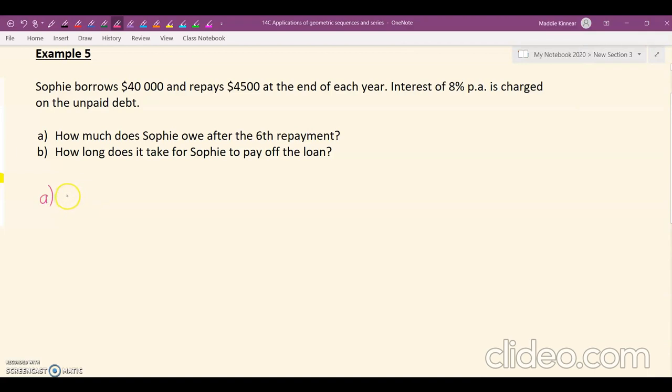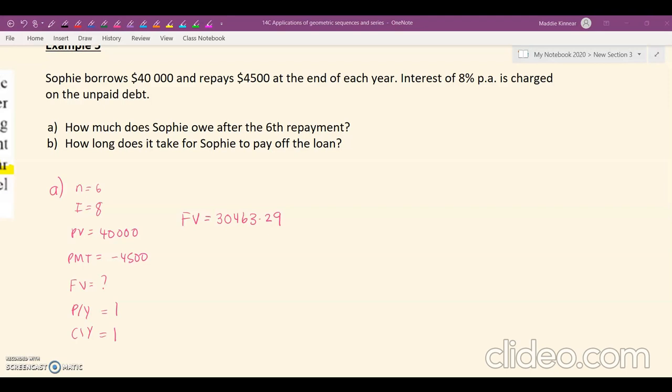So you would have your N equaling 6, I equaling 8, present value equaling positive 40,000, payments, we pay out negative 4,500, future value is what we want to find, and our per year and compounding are both going to be 1, and then we find our future value comes out as $30,463.29.